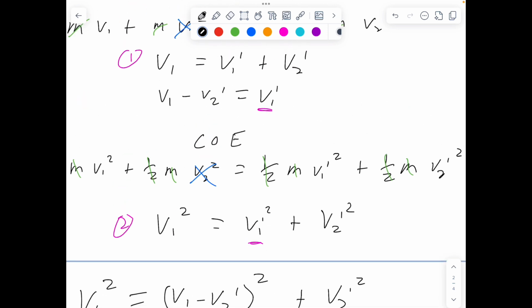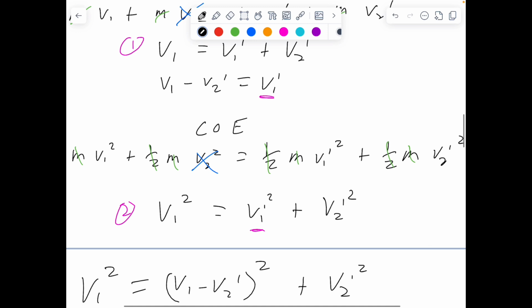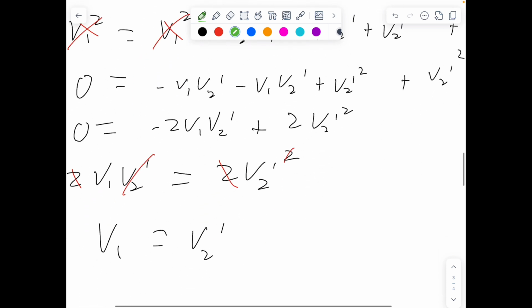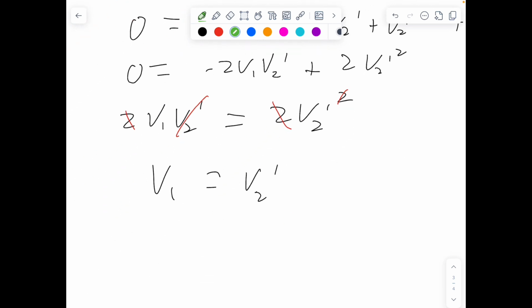And if the speed of ball 2 after is equal to the speed of ball 1 before, that's a mouthful, that just says the speed of ball 1 after is V1 minus V1, which is 0. Ball 1 stops after. Ball 2 keeps moving with the speed of ball 1 before, which is exactly what we see in a Newton's cradle.